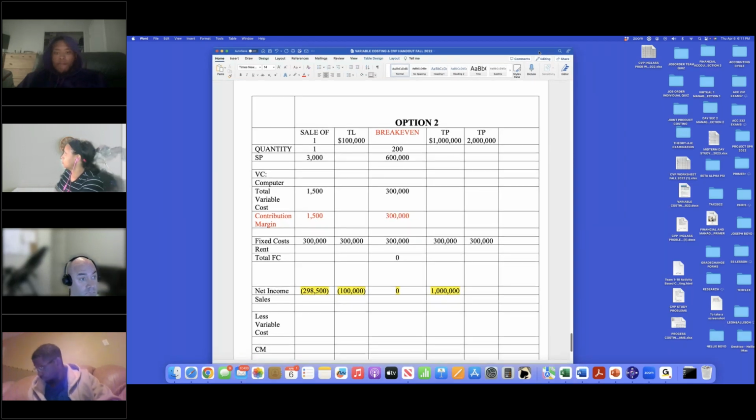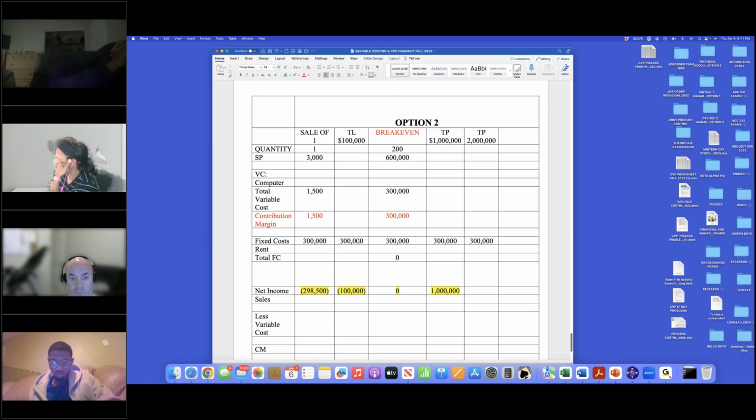So in coming up with our quantity, the fixed cost is what? 300,000. We have to subtract the 100,000 from it, right? Isn't that what the formula tells us to do?